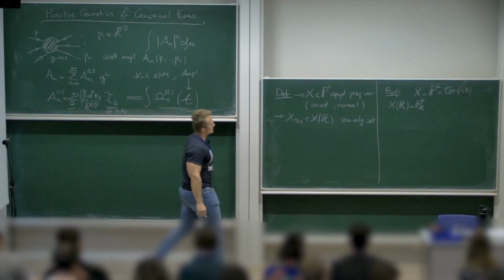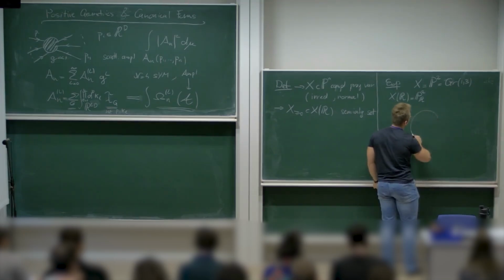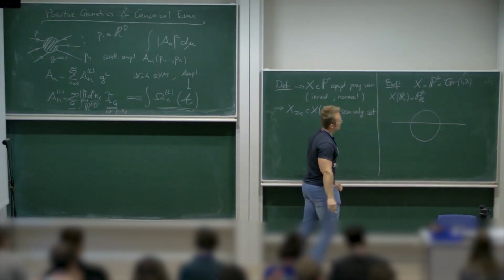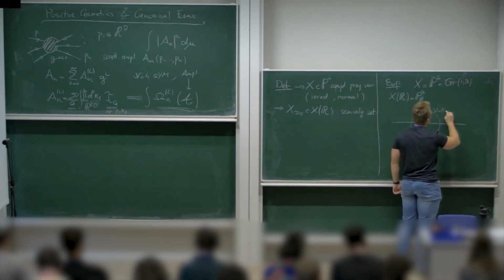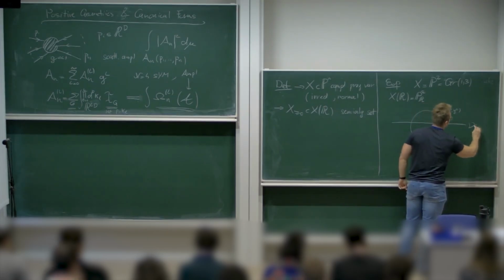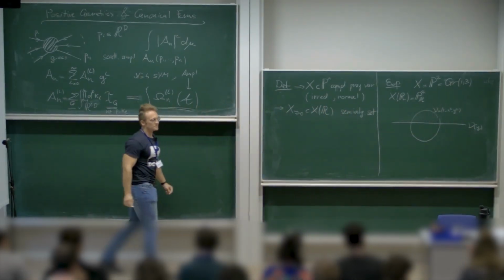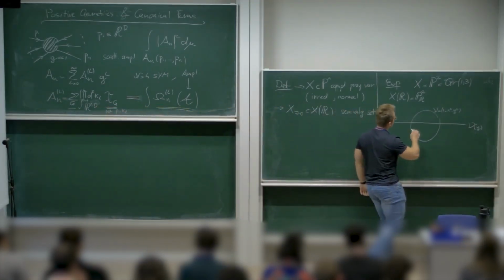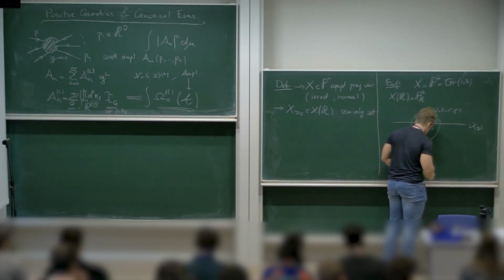So now I'm going to choose a semi-algebraic set. I'm going to draw some curves. These are vanishing of polynomials. So this is the vanishing of 1 minus x squared minus y squared. And this is the vanishing of y, where x and y are coordinates as usual in the plane. And my semi-algebraic set is going to be this region here.